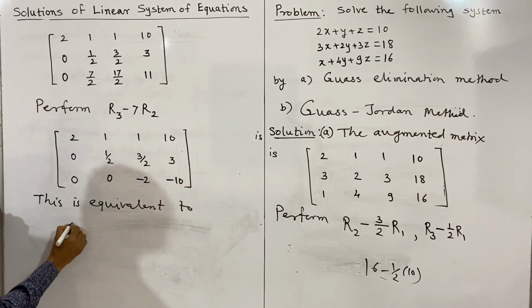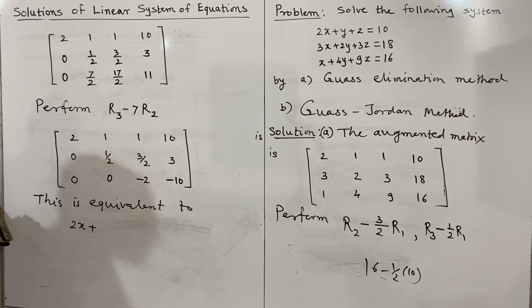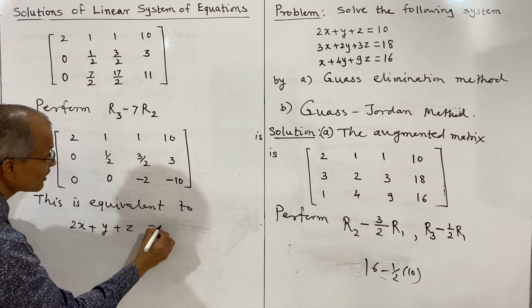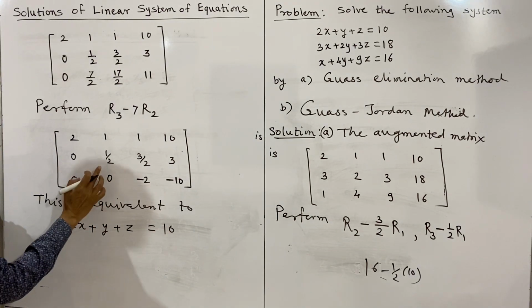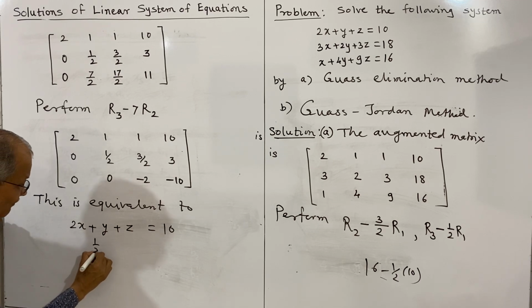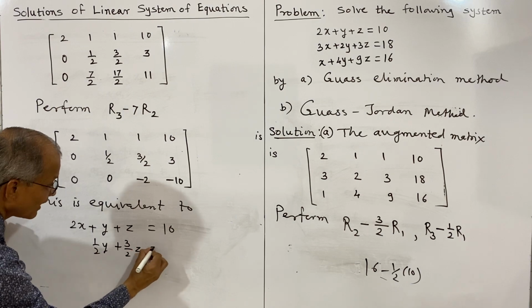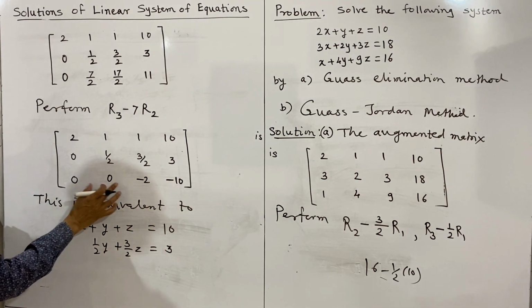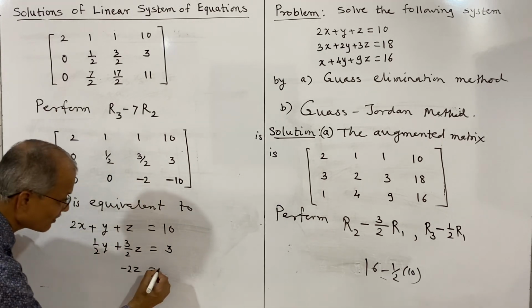The system is now 2x, this is the coefficient of x, y, z, and this is the constant on the right side. 2x plus y plus z is equal to 10, and the second equation is 0x, which need not be written, half y plus 3 by 2 times z is equal to 3. And the third equation, these two are 0, this is minus 2z equal to minus 10.